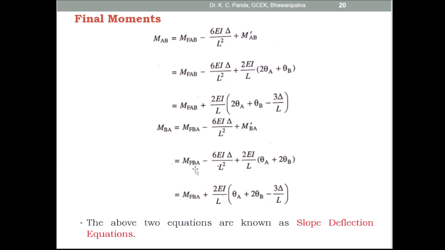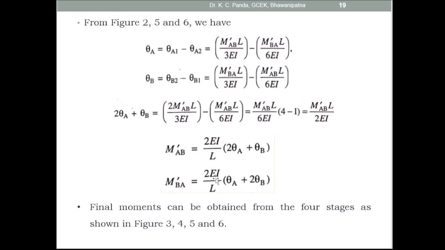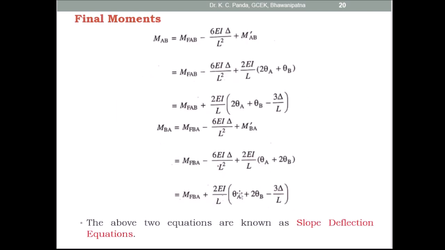So this is MFBA minus 6EI delta by L square, and M dash BA, you know, M dash BA is equal to 2EI by L into theta A plus 2 theta B. So put this value here. Then after simplification, MBA is equal to MFBA plus 2EI by L into theta A plus 2 theta B minus 3 delta by L. So this is the slope deflection equation.